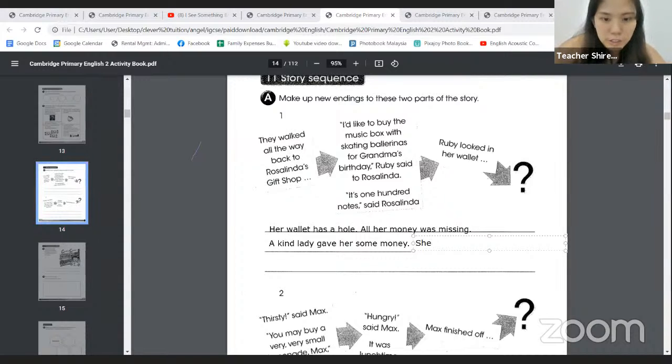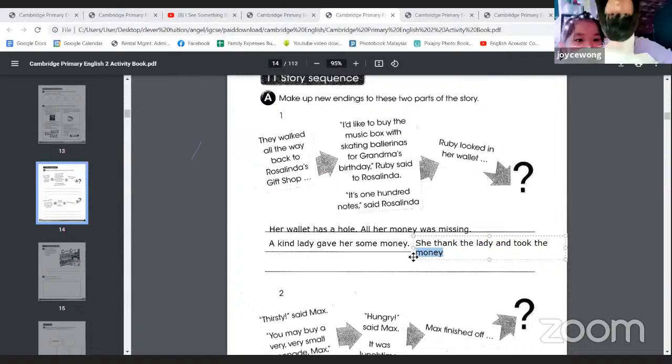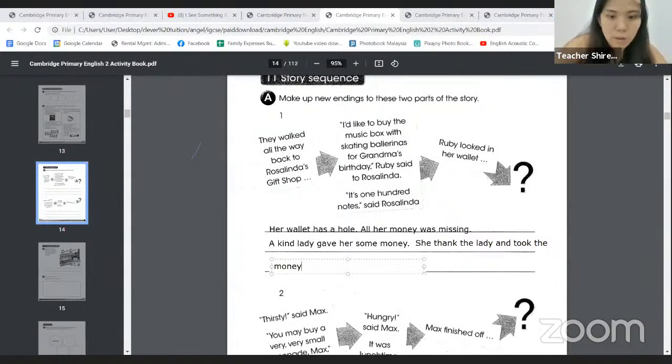She thanked the lady and took the money to buy present.